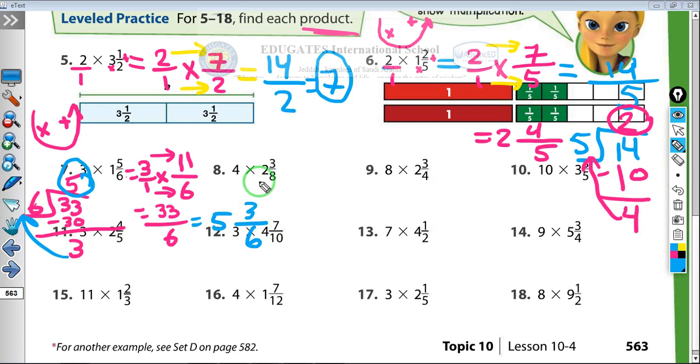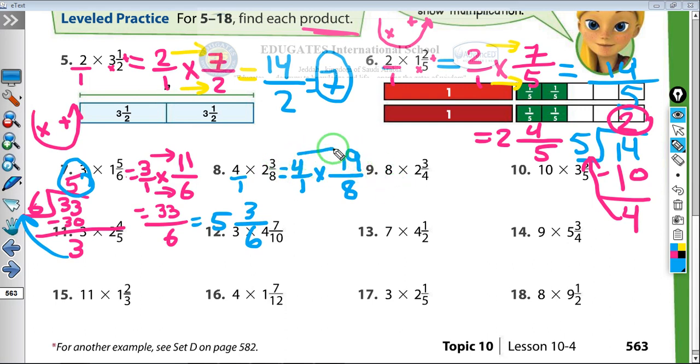Okay? How to do this question? By the same way also. Make this 4 over 1 and copy it. 4 over 1 times. This 8 copy down first. Here multiply, then plus. 2 times 8, 16. 16 plus 3 is 19.